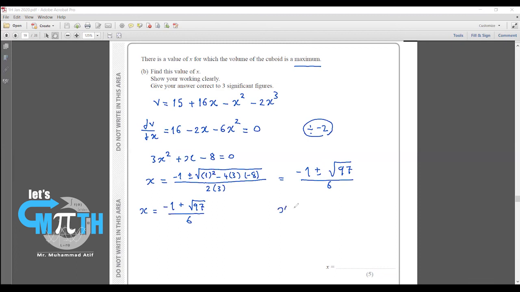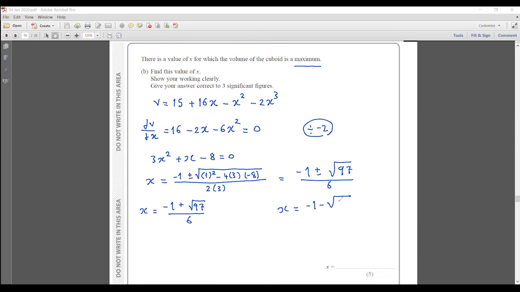The second solution, this is going to be about 1.47, and the second solution is about negative 1.81.